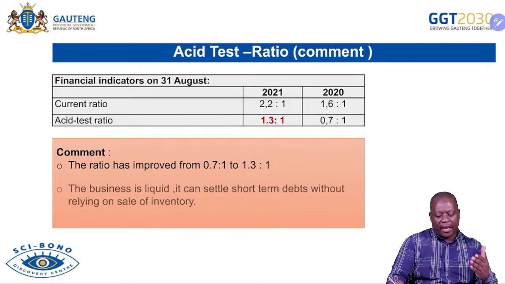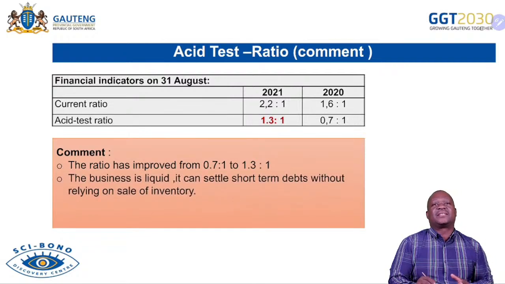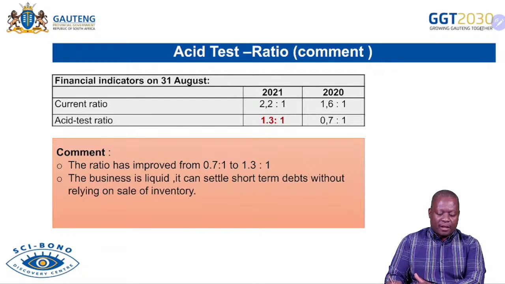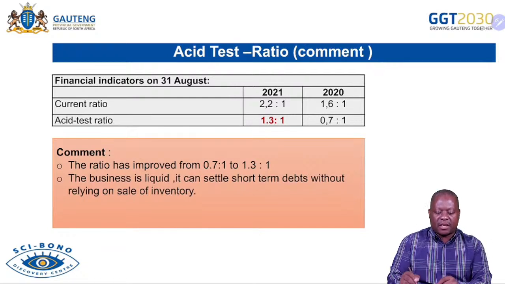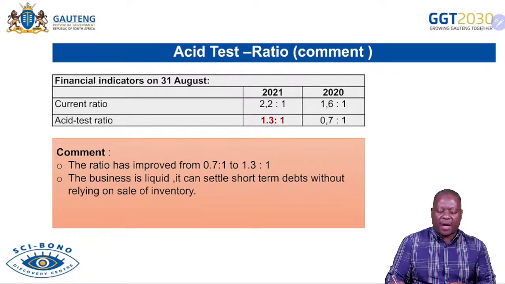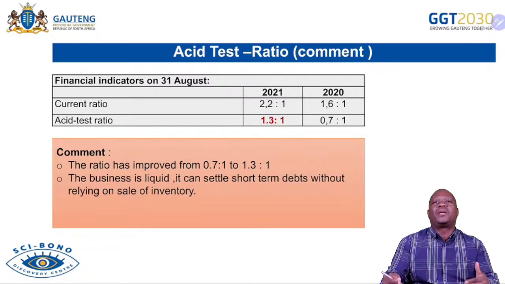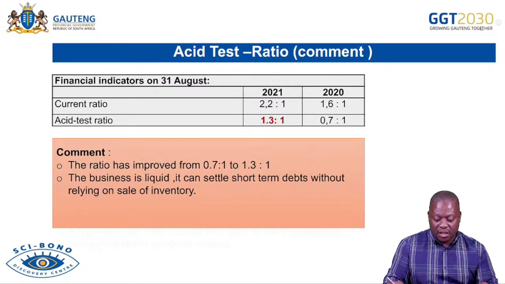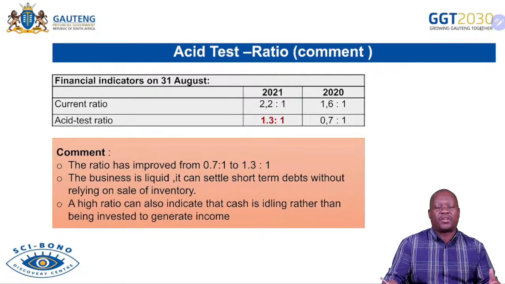But we can also indicate that the business is in a better liquidity state because it can settle short-term debts without relying on the sale of our inventory. The business can settle its short-term obligations without resorting to selling the inventory. Remember, it's not easy to just sell our inventory.